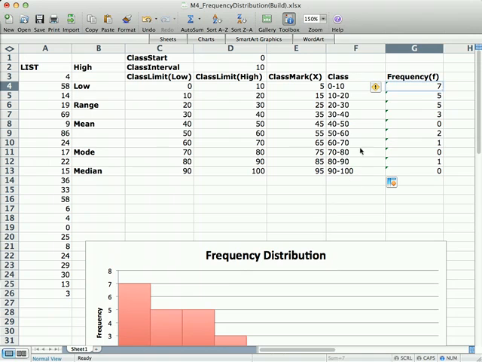So in a frequency distribution, what's a quick way I could find out how many numbers there are, if this is the only information I had? Right, yeah, the sum of the frequencies would give me the total number of numbers in the list.